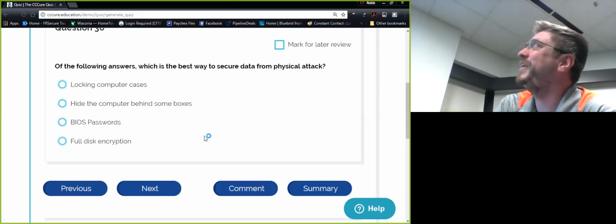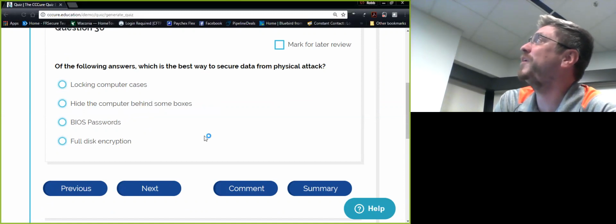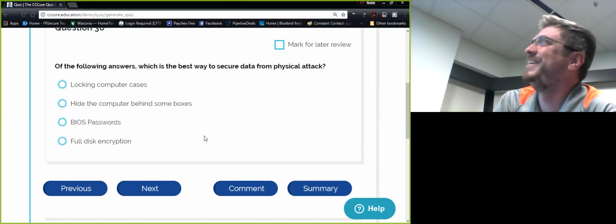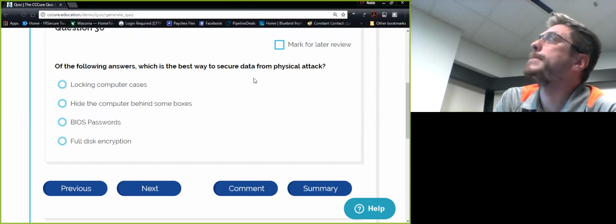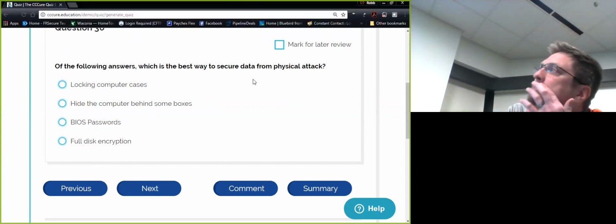All right, of the following answers, which is the best way to secure data from physical attacks? Locking computer cases, hide the computer behind some boxes, BIOS passwords, or full disk encryption. Well, but you're looking at a physical attack, so I think you would lock the computer. But now we're securing data, not the device.